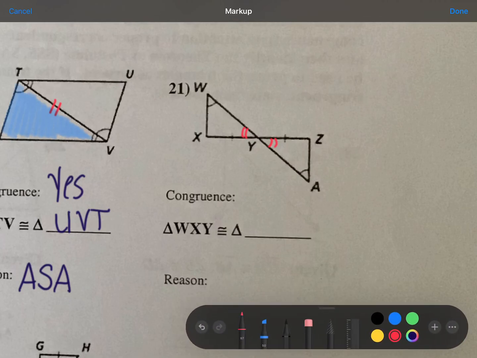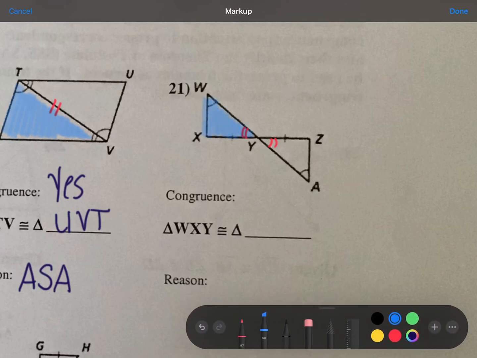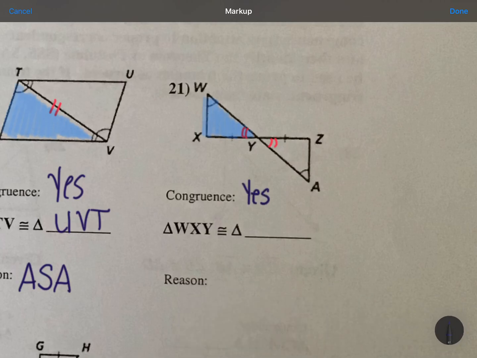And now I'm going to look at my triangle. Do I have 3 things marked? I do. What 3 things do I have marked? I've got an angle, and a non-included side. So that is a good reason to show triangles are congruent. So WXY is congruent to AZY.